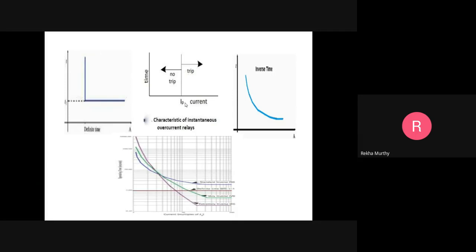Similarly, the extremely inverse time overcurrent relay gives a time current characteristic which is more inverse than that of the inverse time and the IDMT relays. And very inverse relays usually fail in selectivity, and extremely inverse time relays are usually employed at that time. Okay, that is about all these characteristics of the relays.